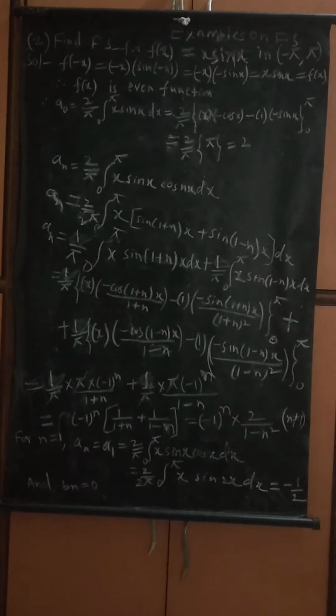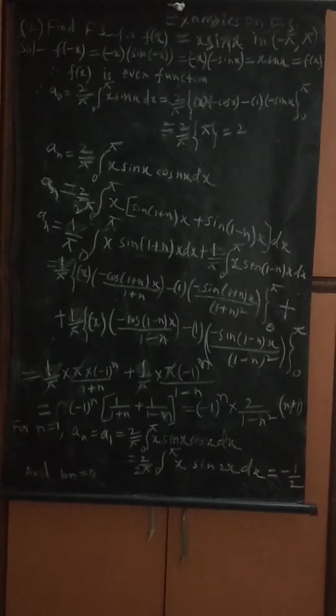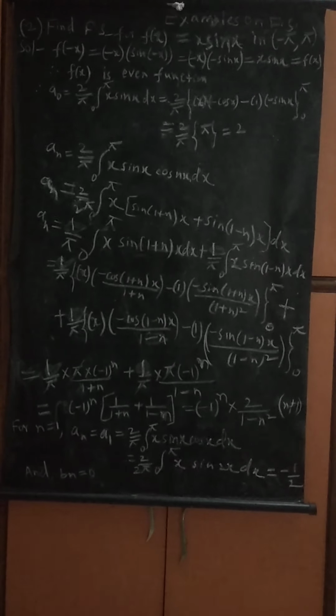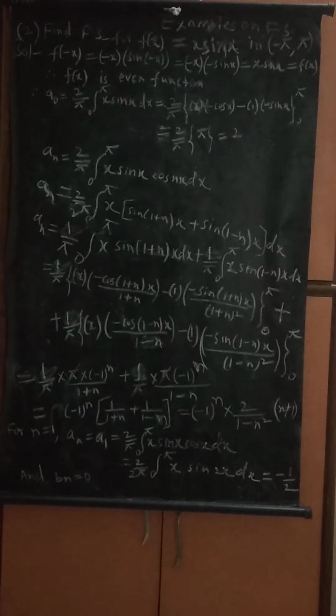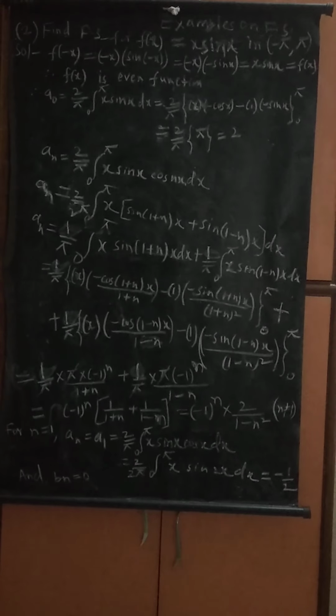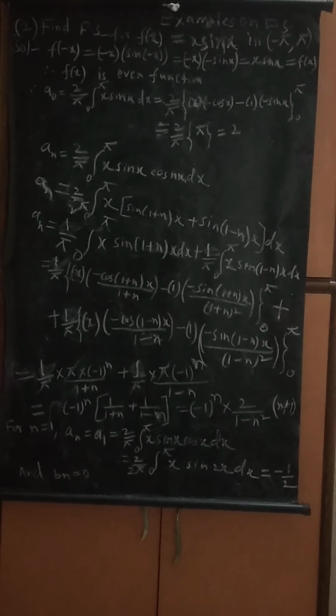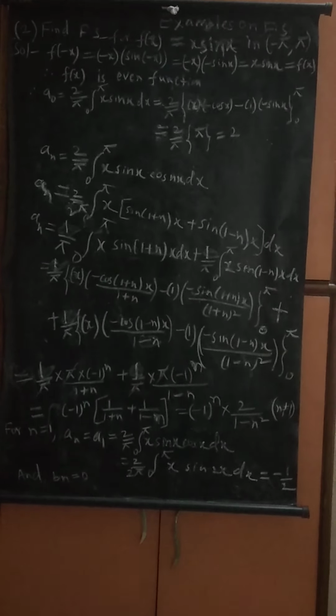Here we use the formula from trigonometry, that is 2 sin alpha cos beta is equal to sin of alpha plus beta plus sin of alpha minus beta, for sin x into cos nx. So using that formula, we are getting an is equal to 2 upon 2 pi integral 0 to pi x into bracket sin of (1 plus n)x plus sin of (1 minus n)x dx.